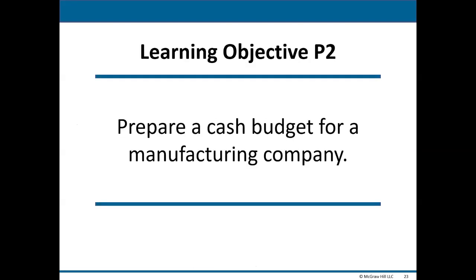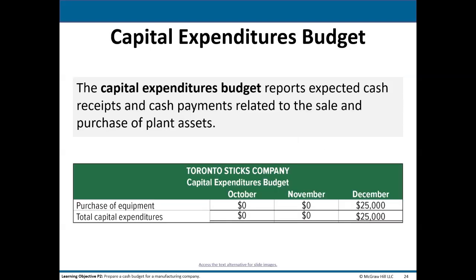Okay, we talked about the production budgets. Now we're going to switch gears and we're going to talk about specifically the cash budget for a manufacturing company. The capital expenditure budget reports expected cash receipts and cash payments related to the sale and purchase of plant assets. So like your property, plant, and equipment, PP&E as you might have heard it called. The capital expenditures budget is usually prepared after the operating budgets.